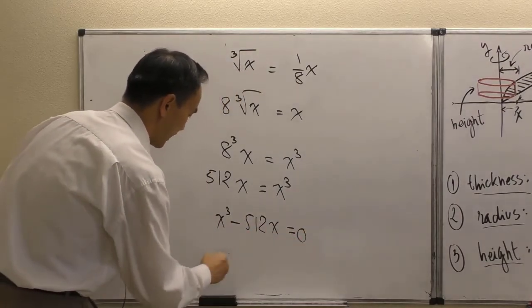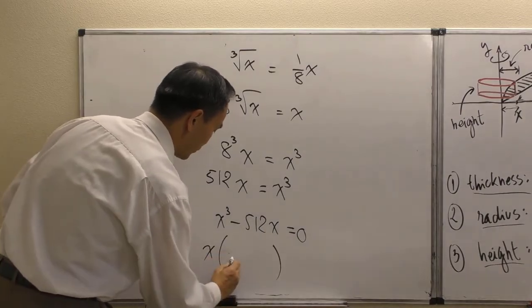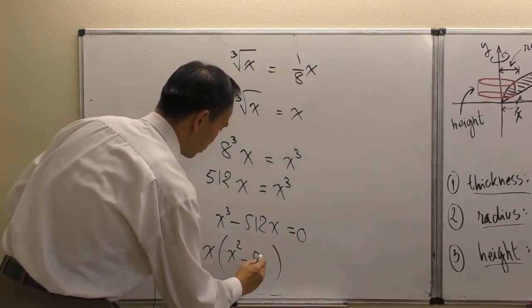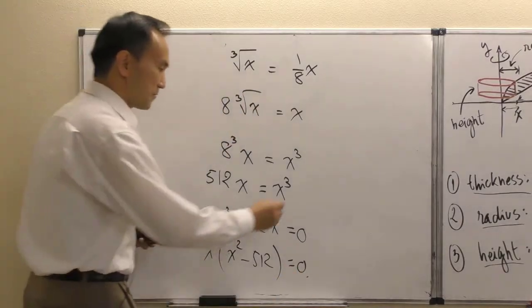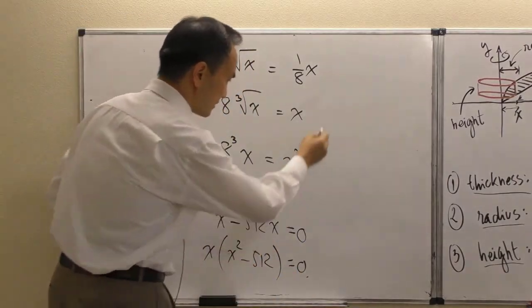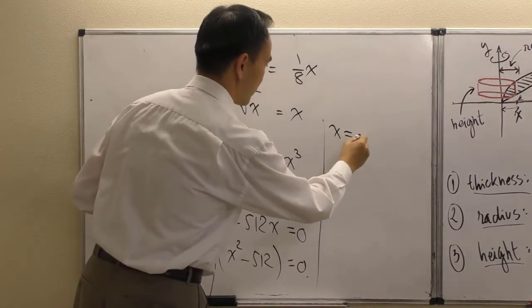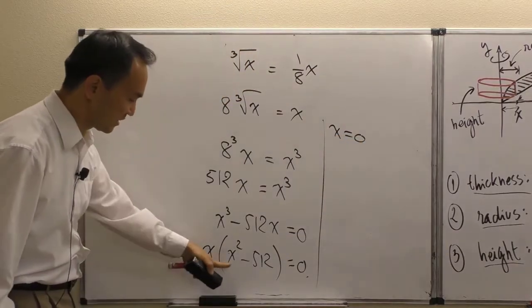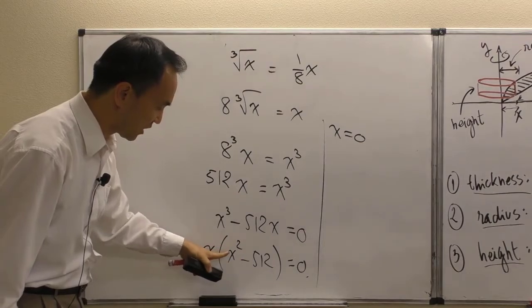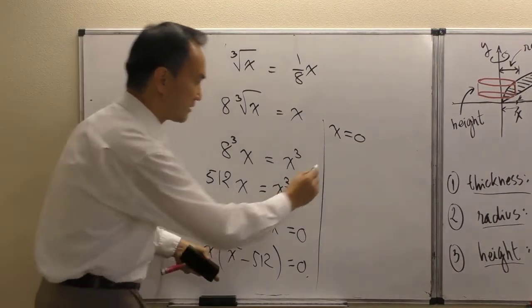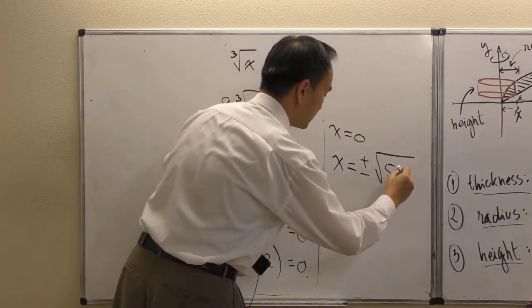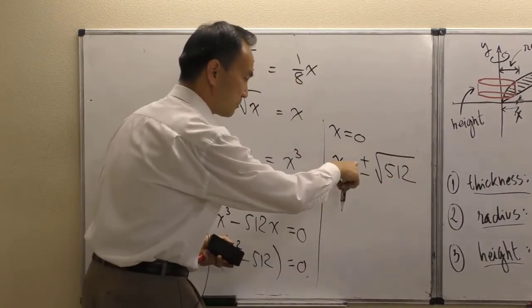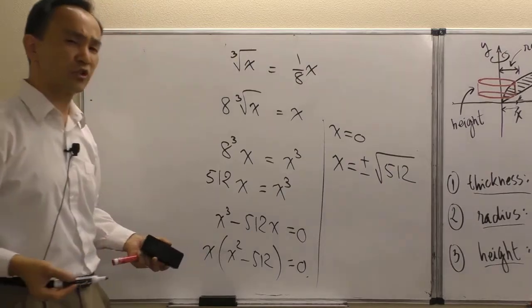And we can factor out the x, and then we have x squared minus 512 equals 0. So one solution is x equals 0 from that factor. And from this factor, x squared minus 512, I get x equals plus and minus the square root of 512.